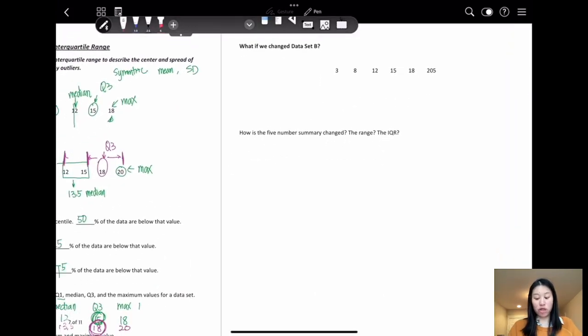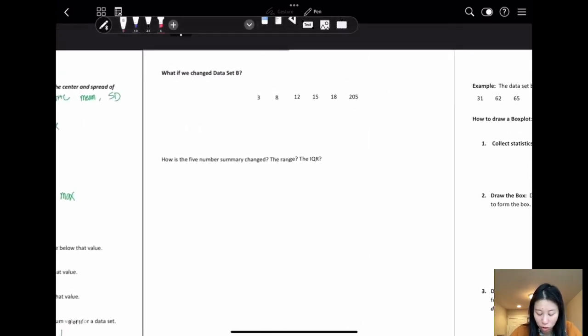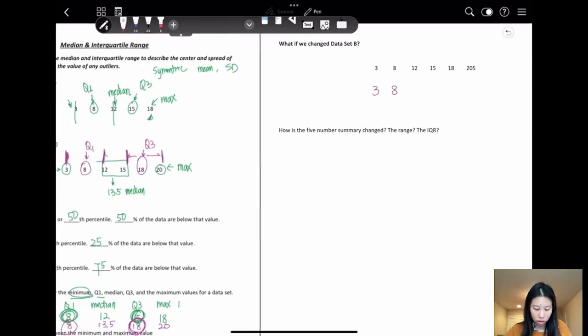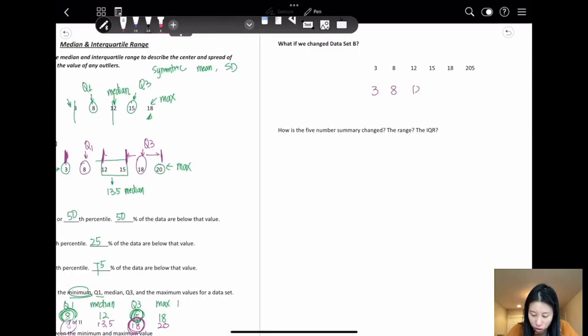So what if we change the 20 in data set B to 205? How does the five number summary change? And the range and the IQR. So let's list all of the five number summary and the IQR. Let's write down the before. Before it changed, the data set is 3, 8, 12, 15, 18, and 20.